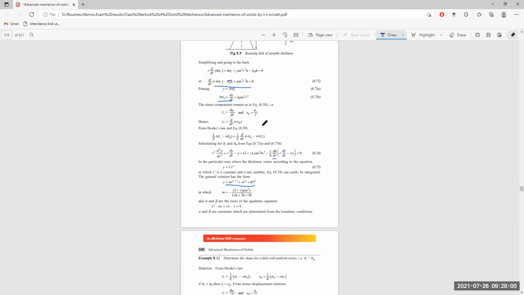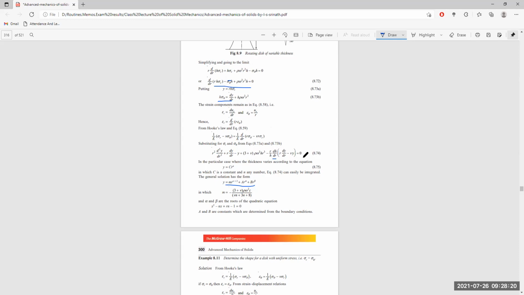Then we put Hooke's law, and from Hooke's law itself, we substitute sigma r and sigma theta in the equation, and we reduce the equation to a form like this.